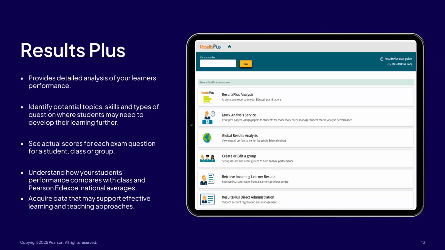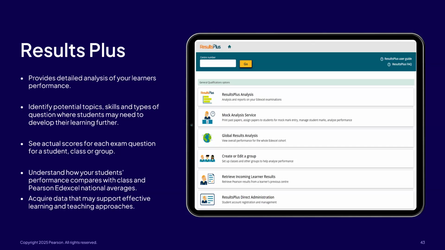So one of these is Results Plus, and Results Plus provides a detailed analysis of your learners' performance. We'll have a look at it schematically in a moment. So it means that you can identify potential topics, skills, and types of question where students might need to develop their learning further. You can see where they're doing well and where they're not doing so well. You can also see actual scores for each exam question for a student, a class, or a group.